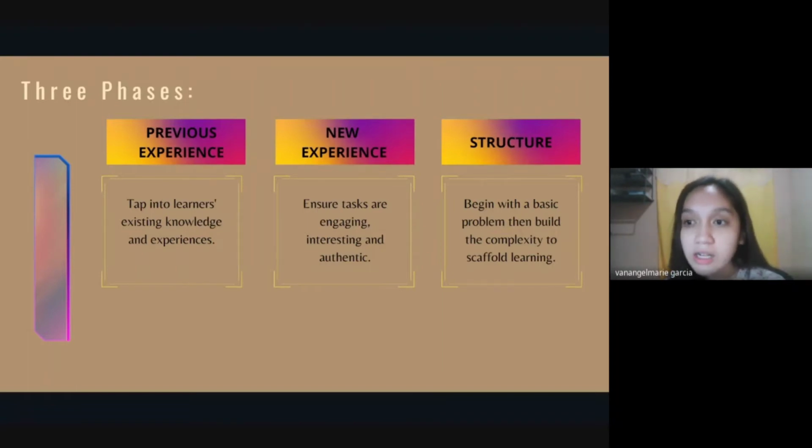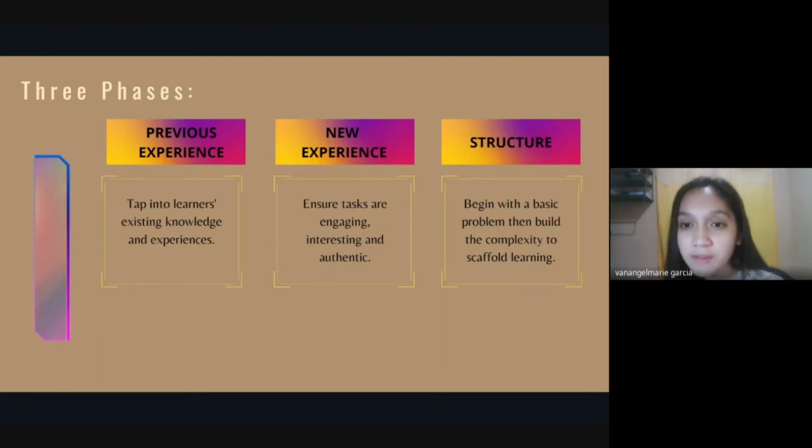Engaging means making sure the students participate, understand right away, and enjoy the tasks given. Interesting means not boring, something that attracts attention and arouses the students' interest. And authentic, the task should be original, new, and creative.